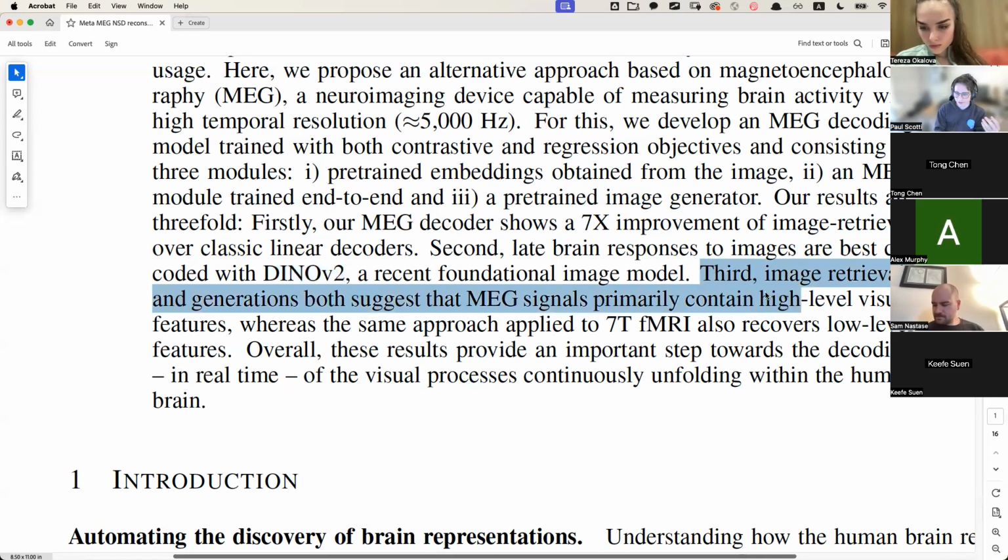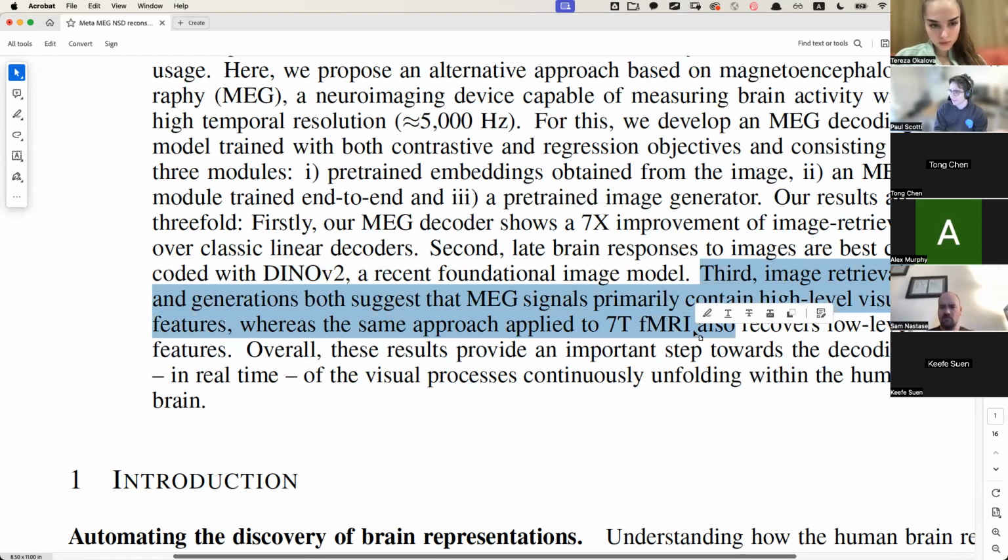And then with the third contribution they outline in the abstract, they suggest that MEG primarily has high-level features compared to the fMRI results. And I think basically what they're saying here is that they were able to do category level decoding, and they show that their reconstructions maintain the category semantics, but they lack the low-level detail. Whereas with the fMRI approach, you can get some of the low-level detail out.